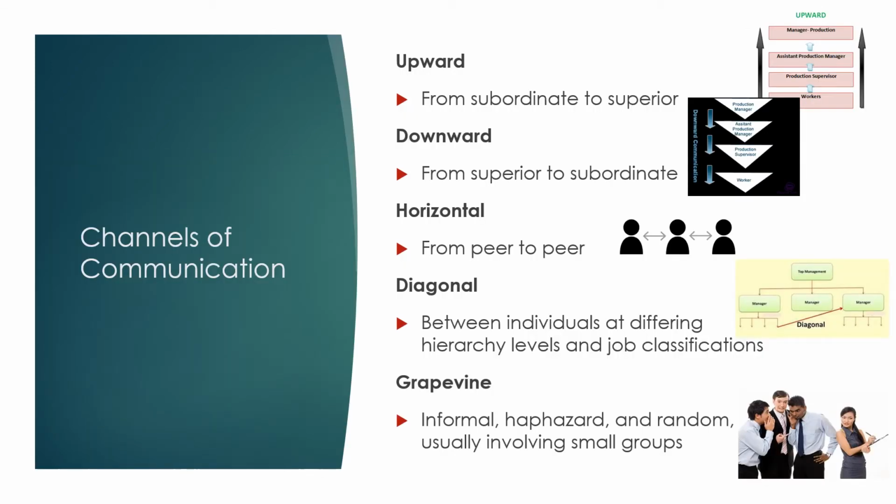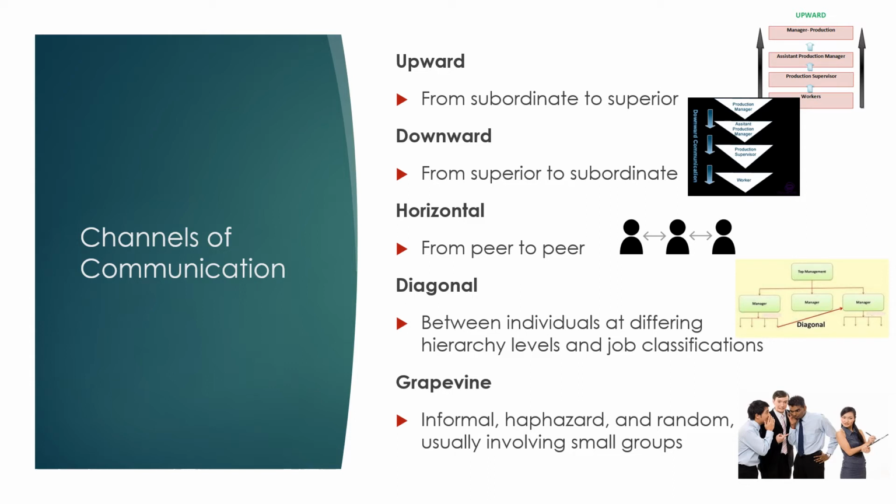Communication channels used by the manager may be upward, downward, horizontal, diagonal, or through the grapevine. In upward communication, needs and wants are communicated upward to the next level in the organization. Downward communication flows from the top to the bottom.